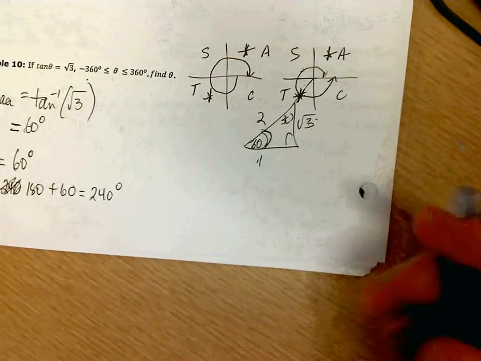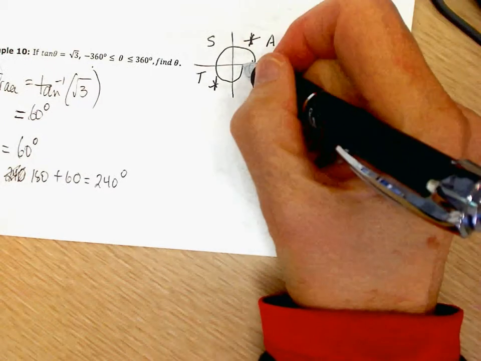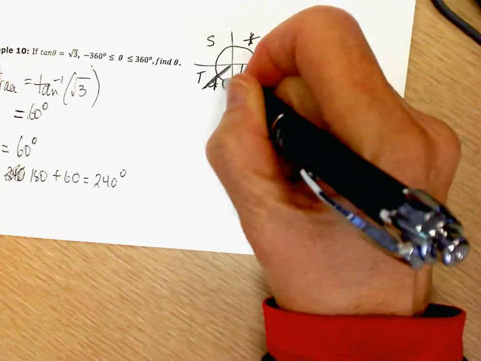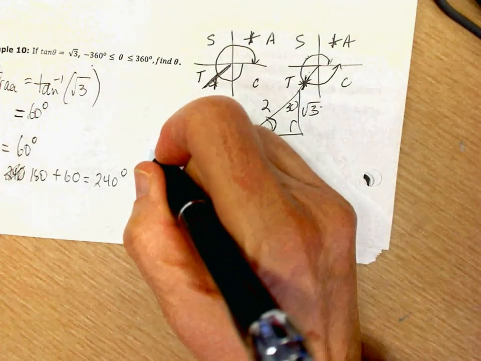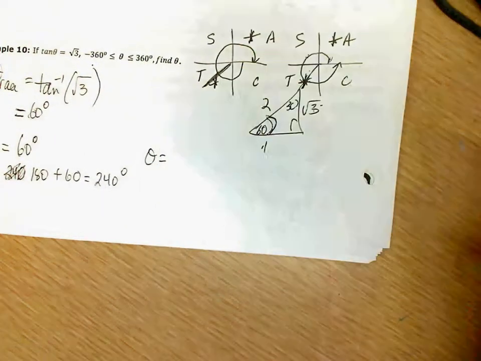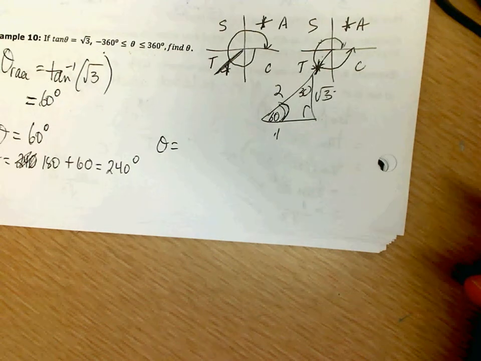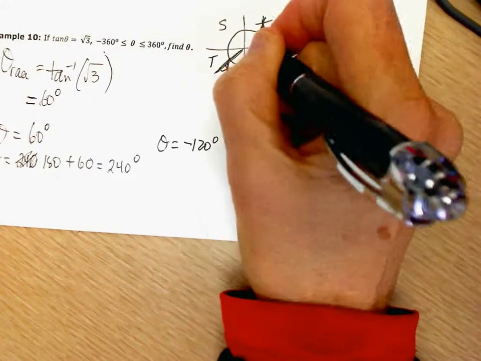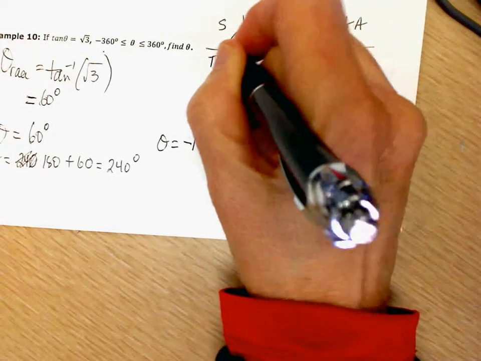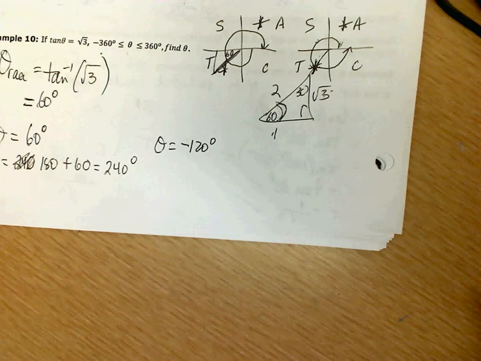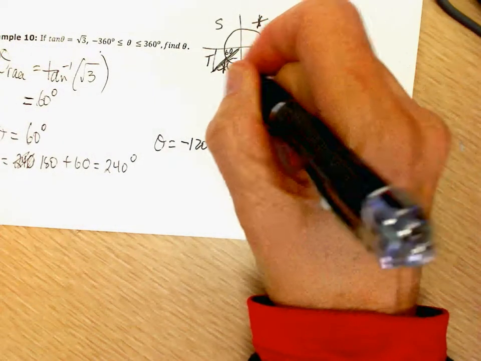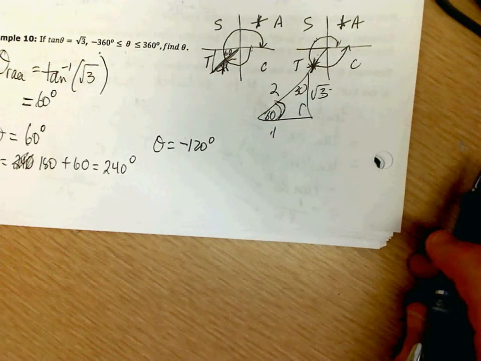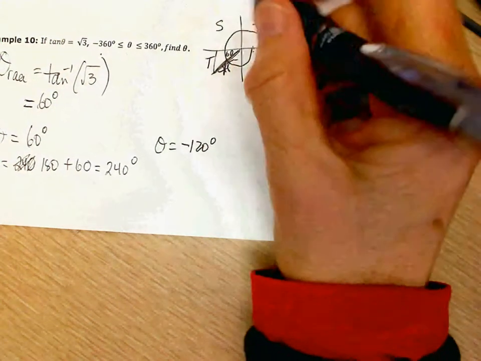We have to come over here. So this would be negative what to end up here for a related acute angle of 60? Yes. Right? Negative 120 means this is our related acute angle of 60, right? So this must be negative 120. I need answers in the negative. Now I need this answer. What would this answer be?